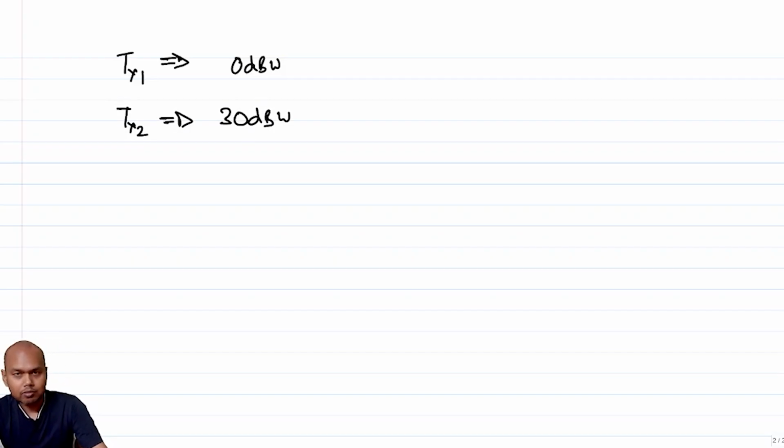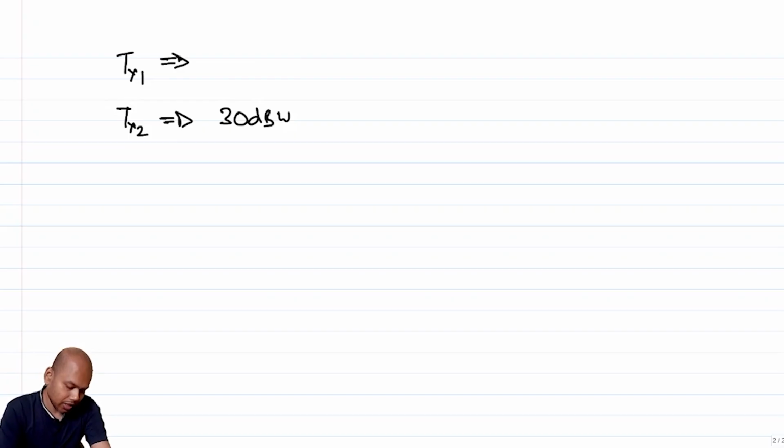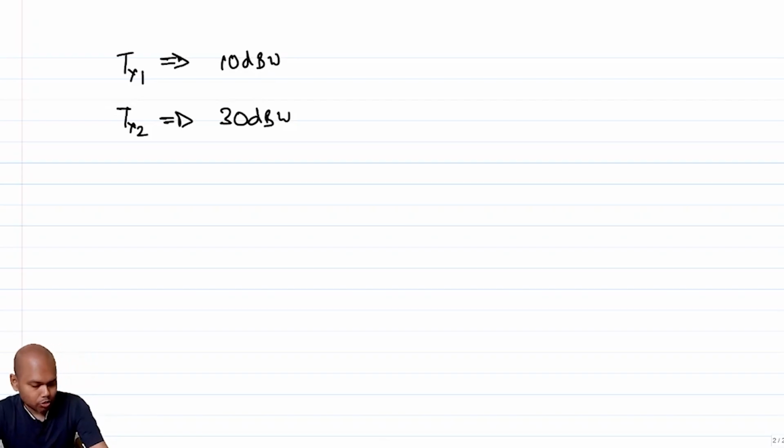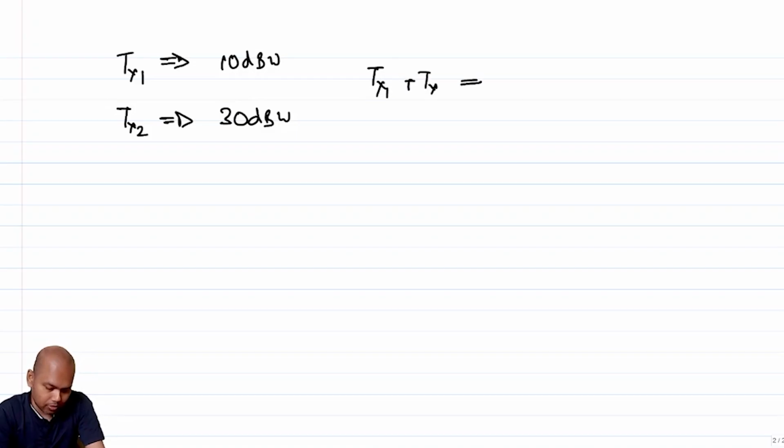Quite high numbers. Or let's say this TX1 is sending out 10 dBW power and TX2 is sending out 30 dBW power. So can you tell me what is approximately TX1 plus TX2 sending out? Approximately, I do not want exact. Is it sending out 40 dBW?